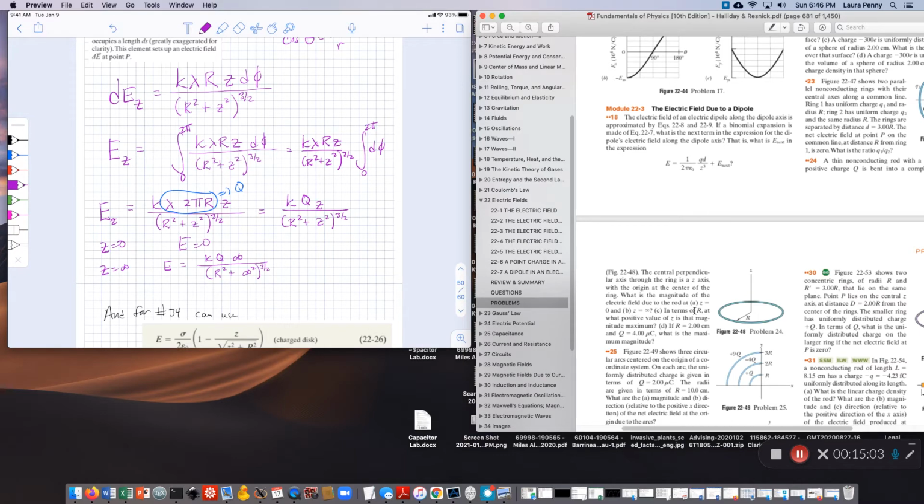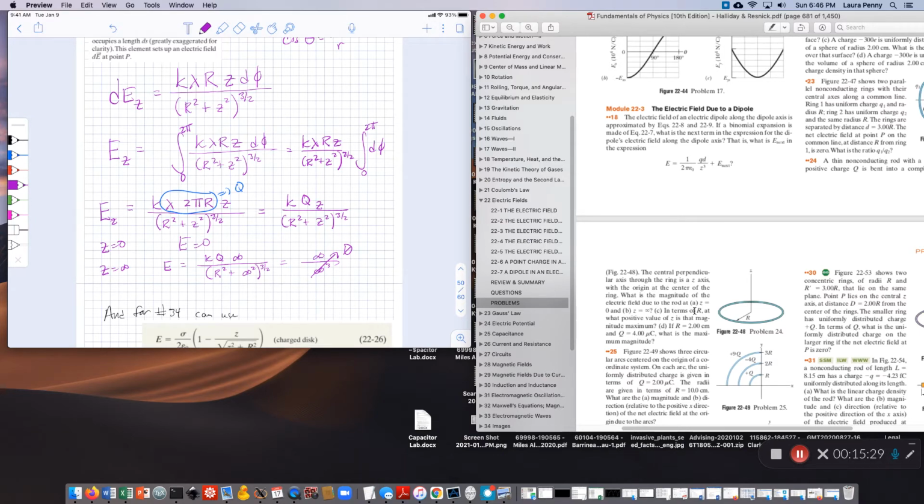This is essentially infinity over infinity cubed. Well, infinity cubed is a bigger infinity than infinity is, so this is 0. And so the electric field is also 0 when you get out to really high distances, which also makes sense. The further you get from this thing, the less the electric field should be.